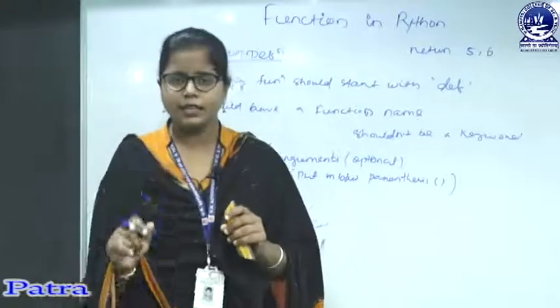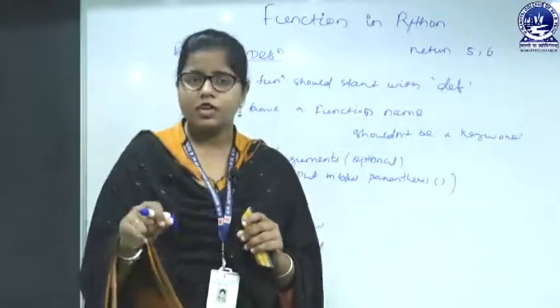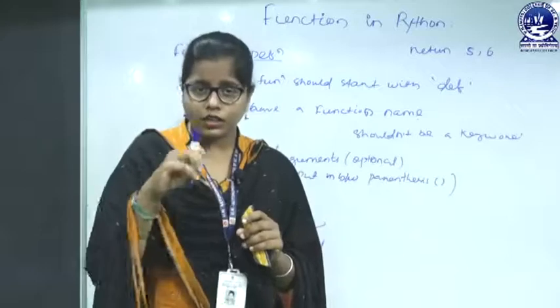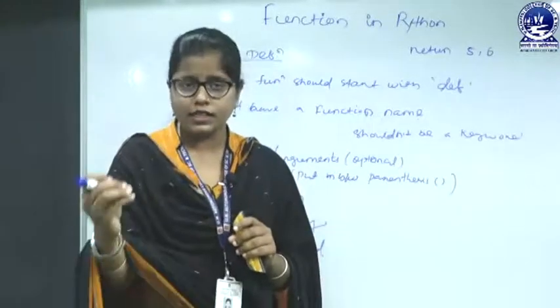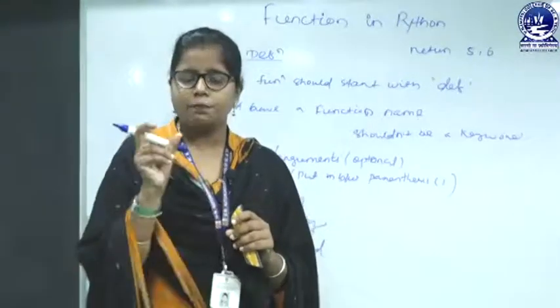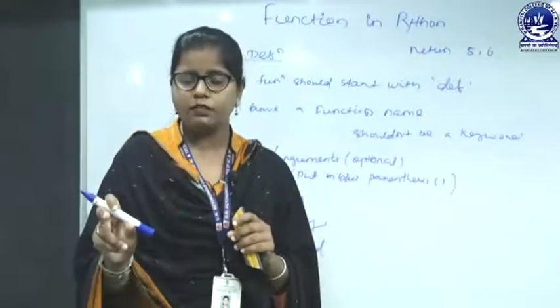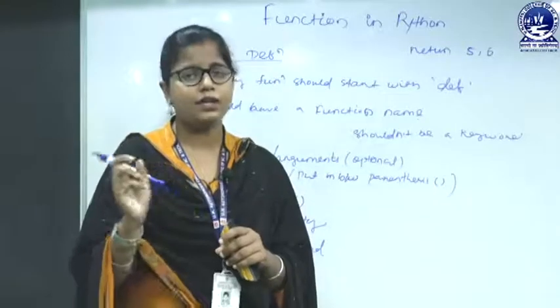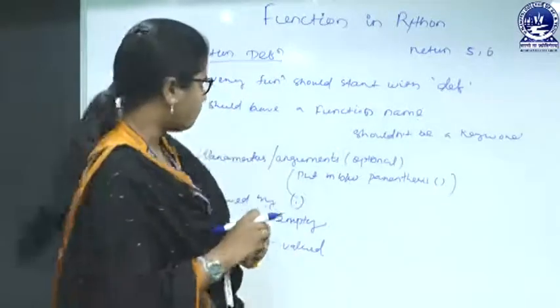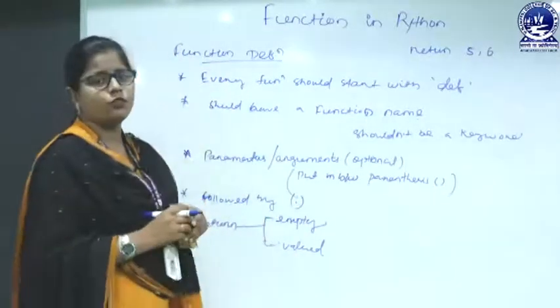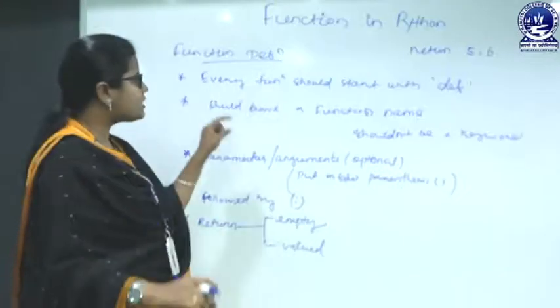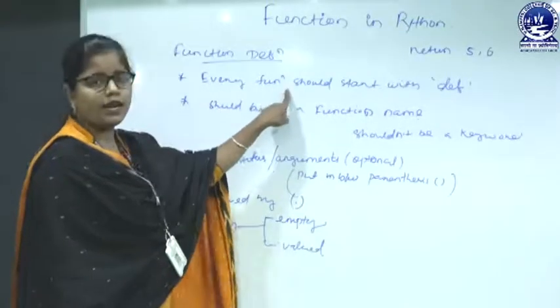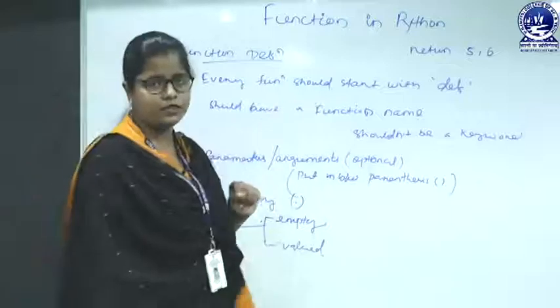If we are returning multiple values, then in the calling function, where we are calling that function, there may be two or multiple variables, or there may be a tuple, because we know that a tuple is a collection of variables. Okay, so these are the rules for function definition. First, the function should start with the def keyword.